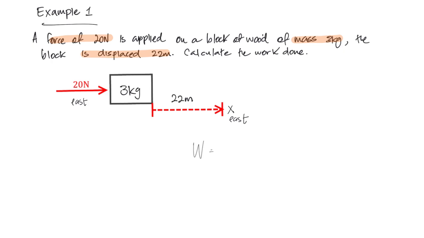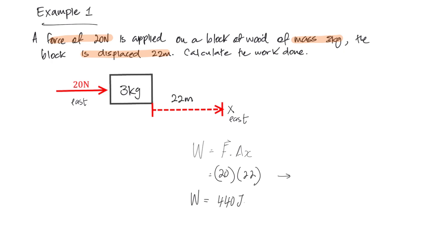So W is equal to F times delta X. The force here is 20 and the delta X is 22. So the work done on this object is 440 joules.